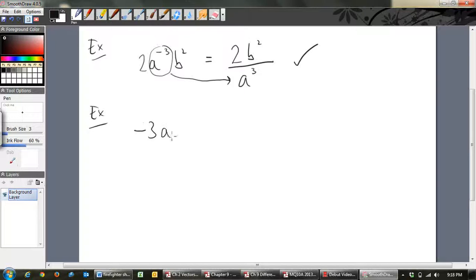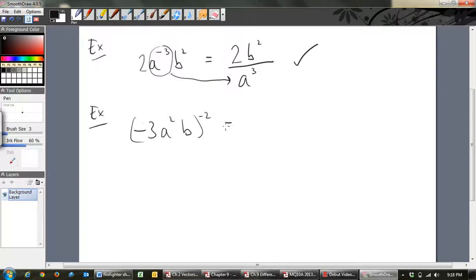Negative 3a squared b all to the power of negative 2. Let's have a look at this. Now, a couple of ways you could go about this. You can apply index law number, I think it's 4, where that negative 2 goes to each of these one at a time, or you can apply it to the whole thing.